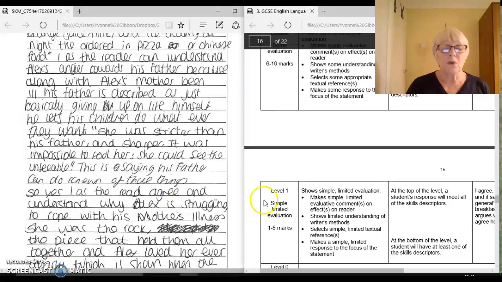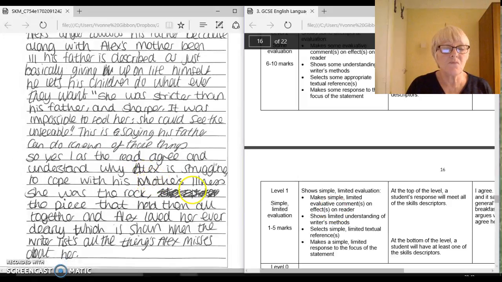So if we look at the mark scheme, starting with level 1, it says show simple limited evaluation. You have made some evaluative comments on it, but not too many. But the thing that you've missed out mainly is shows limited understanding of the writer's methods.